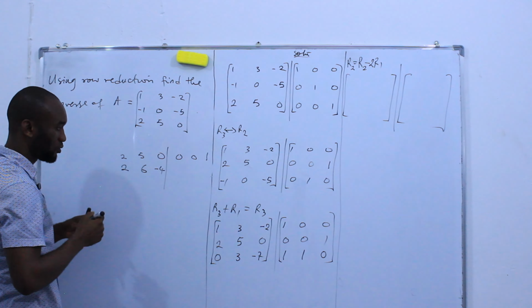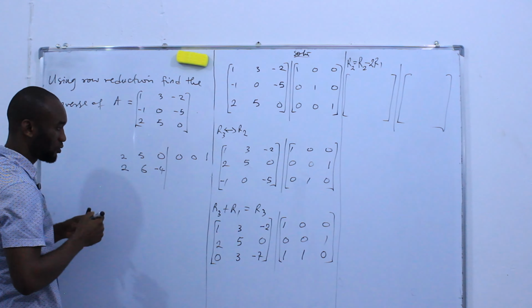Then we bring up 0, 3, minus 7, and then 1, 1, 0. Okay, the next step is to remove this one, and even this one. We are yet to remove this. So let's quickly take care of this one.